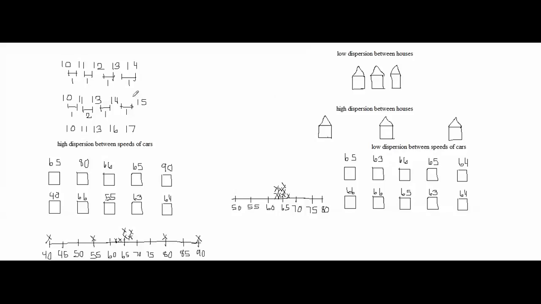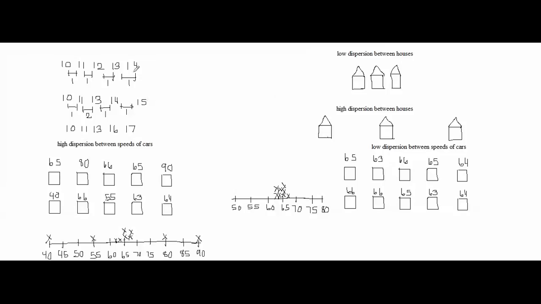So now we have a set of numbers with the lowest amount of spread, the lowest amount of dispersion. We have a set of numbers with a medium amount of dispersion, and we have a set of numbers with the highest amount of dispersion. So as we go from this list to this list to this list, the dispersion is going up.